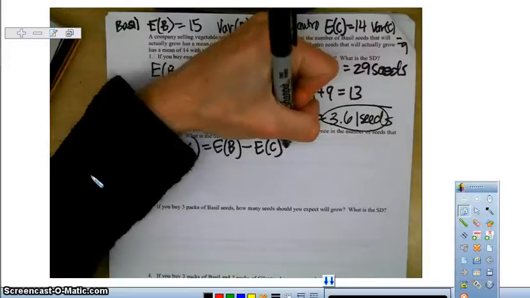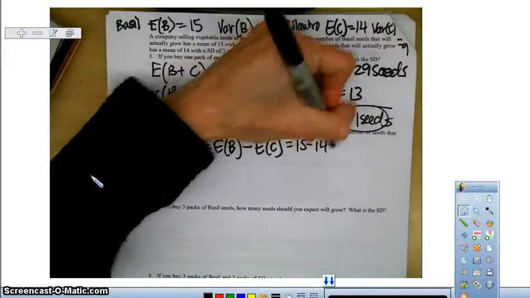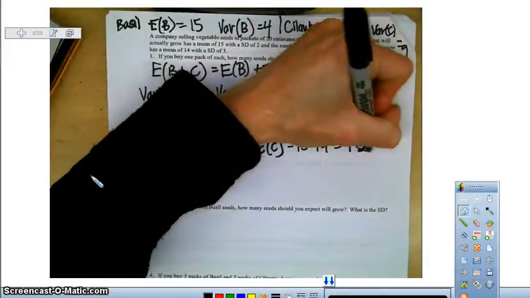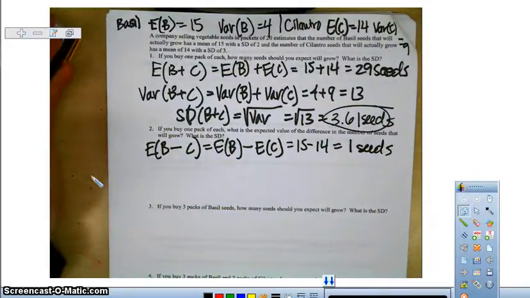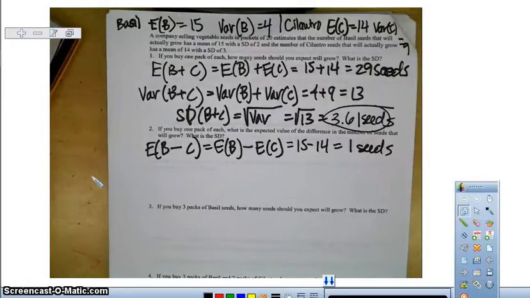So the difference would be 15 minus 14, which is 1 seed. Wouldn't you expect a 1 seed difference if you bought 2 packs and planted them? Yes, because basil seeds are supposed to grow 1 more.